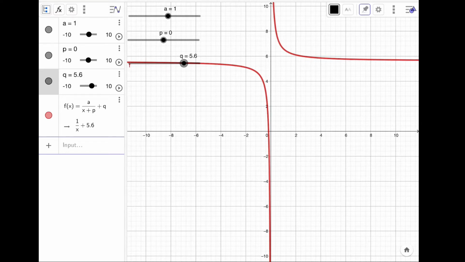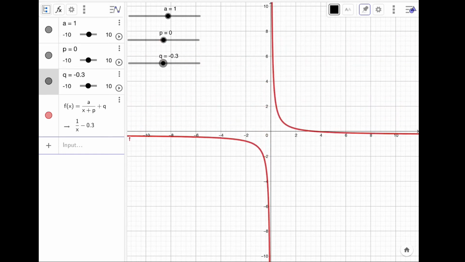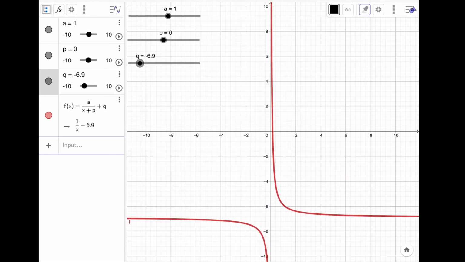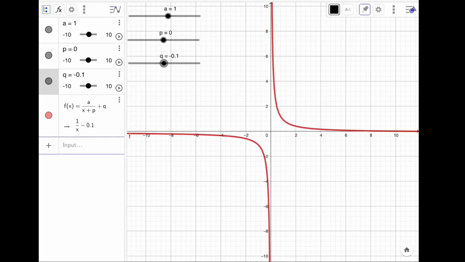So my q value has changed, and it's moved the graph up as we go to our positive values. Now, if we go down to our negative values, notice it moves our graph down below the x-axis. At 0, our asymptote is on the x-axis.